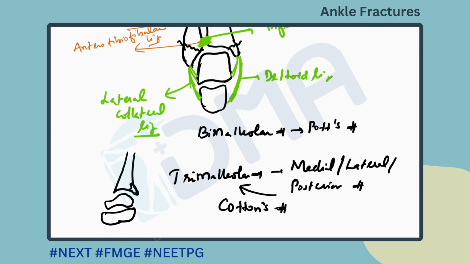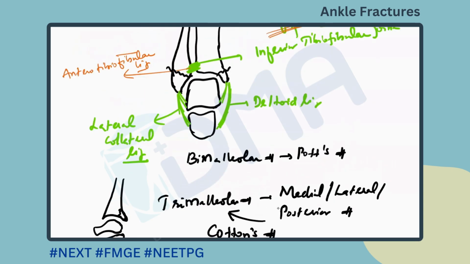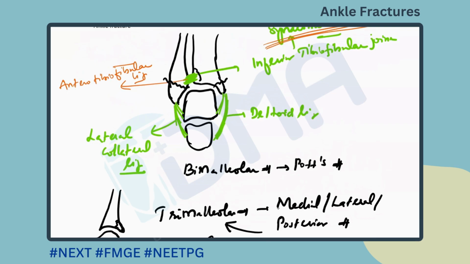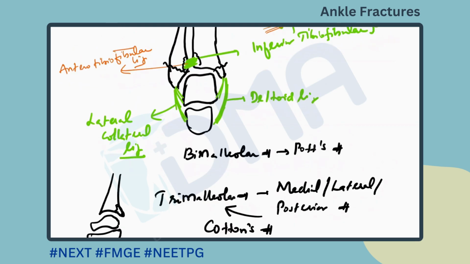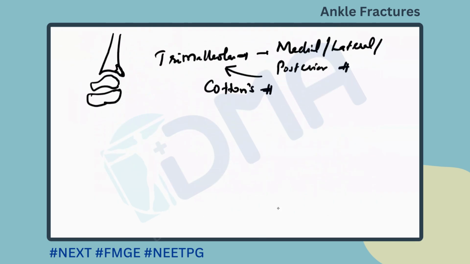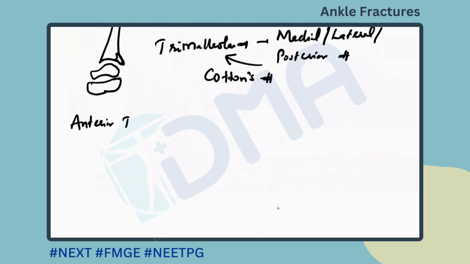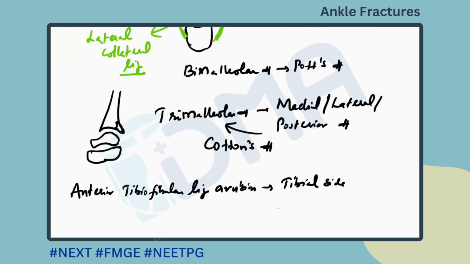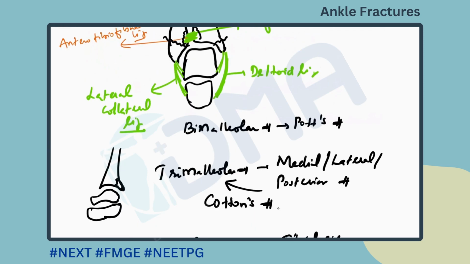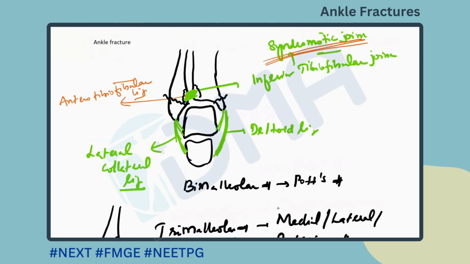Now, whenever an ankle fracture happens, mostly ankle fractures occur by rotation injuries. Whenever rotation injuries happen, there can be a chance for this ligament to cause a fracture here. Anterior tibiofibular ligament avulsion, if it happens on the tibial side, can you understand this? These ligaments are very strong, so they can fracture a bone from this point.